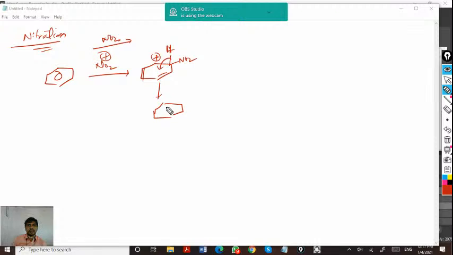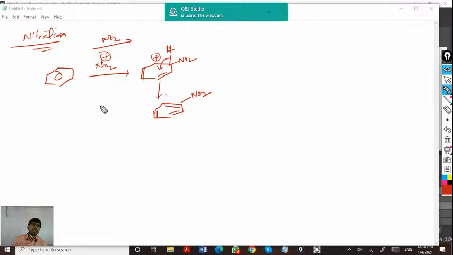So try to write the mechanism here, with the sigma complex formation. Here I am writing directly the sigma complex formation and the complete cycle of the nitration. Hope you fill the gaps with the mechanism.